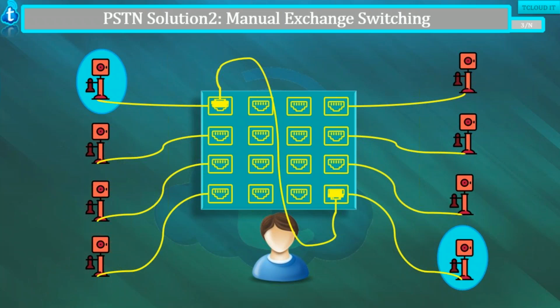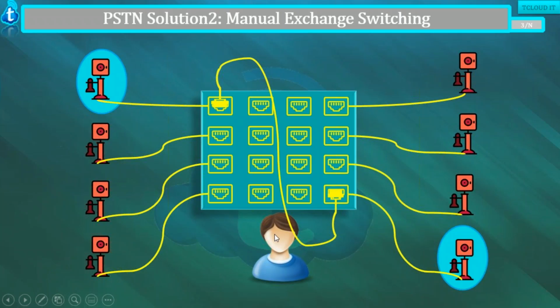So when the human sitting at this device wants to make a call to the human at that device, this person does something with his electronic device. Maybe there will be an LED light that blinks. A wire will be connected to the headphone of this operator, so that whatever this person speaks, the operator will be able to listen.